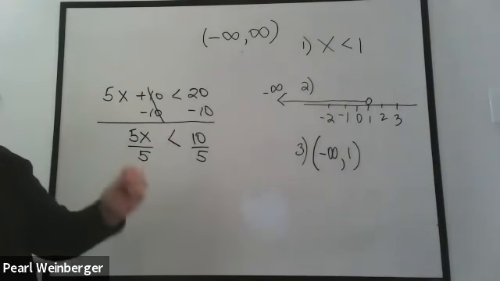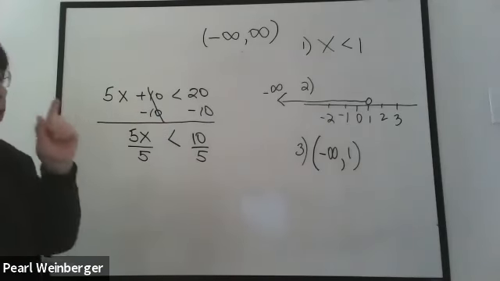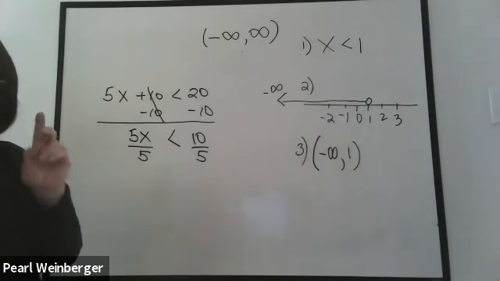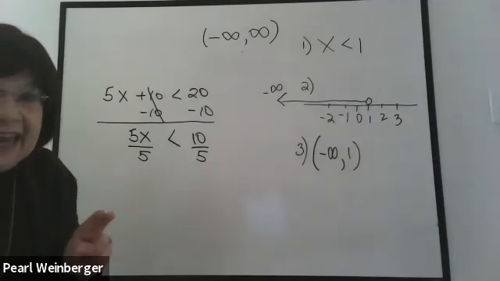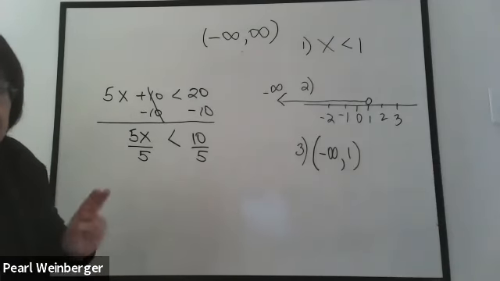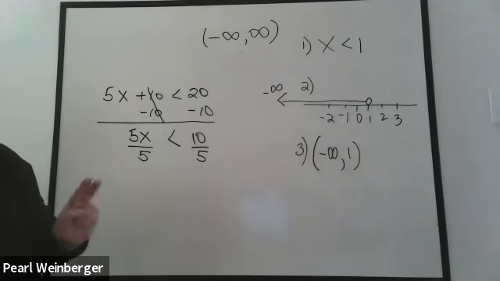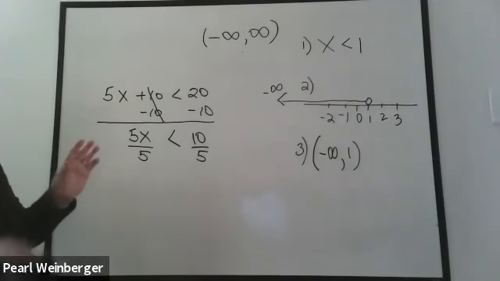The only time we ever change that direction is if we're either multiplying or dividing both sides by a negative number. If I'm dividing by a positive number, I leave it alone. If I divide by a negative number, I switch it. That's the only place inequalities are different than equations.